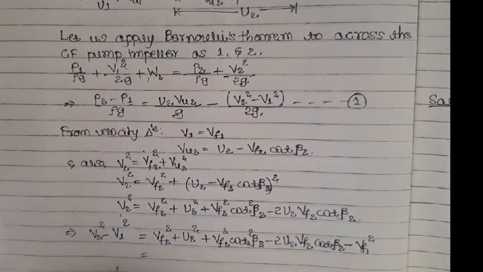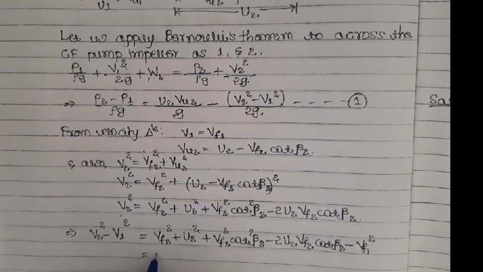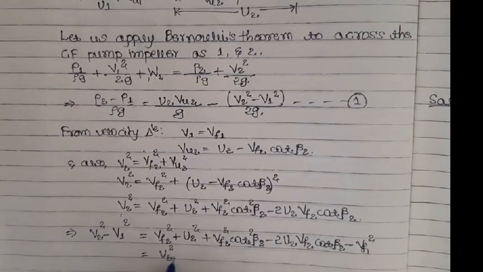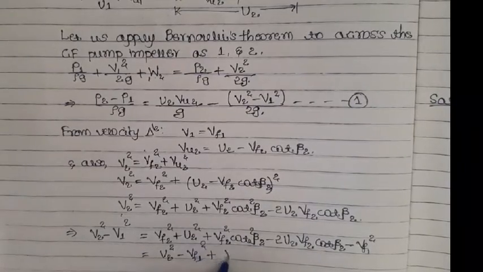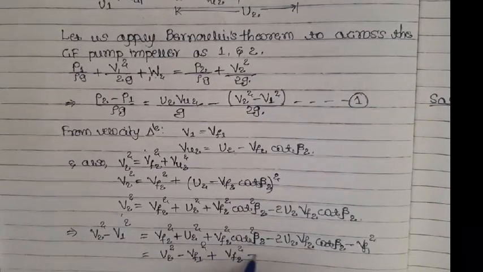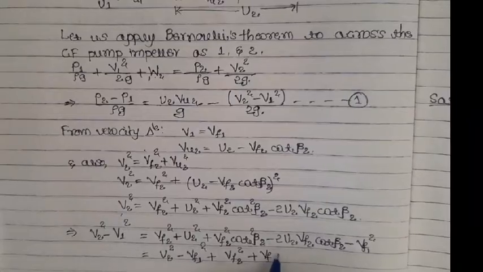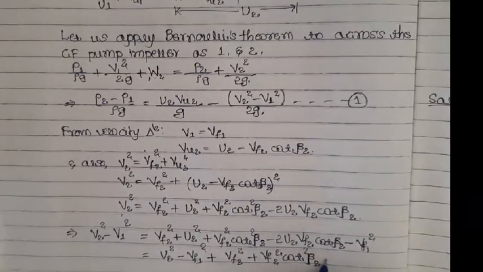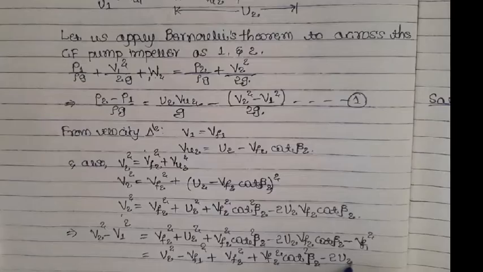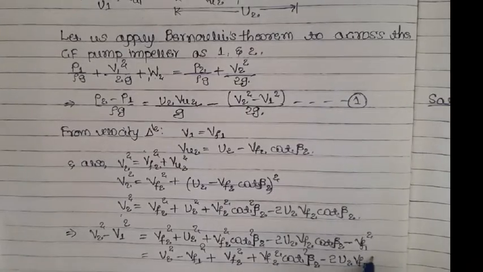So let us get into the modification part. I shall write U2 square minus Vf1 square plus Vf2 square plus Vf2 square cot square beta 2, right? I am just rearranging the same terms, minus 2 U2 Vf2 cot beta 2.